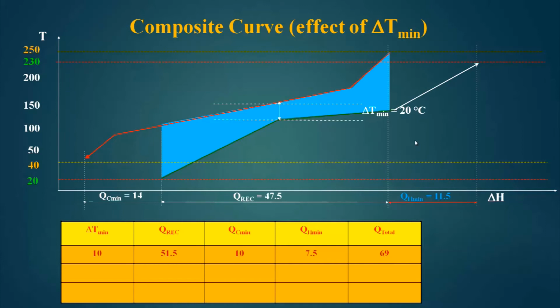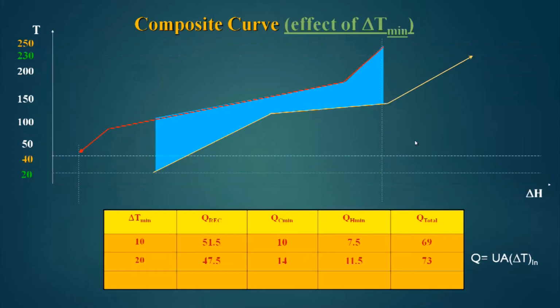That shows that if delta T minimum is increased, my hot and cold utility amount is increasing, but Q recovery, which is the process exchange, is decreasing. So, here we see that for 20 degree centigrade of delta T minimum, Q recovery is 47.5, QC minimum 14, QH minimum 11.5 and total is 73.